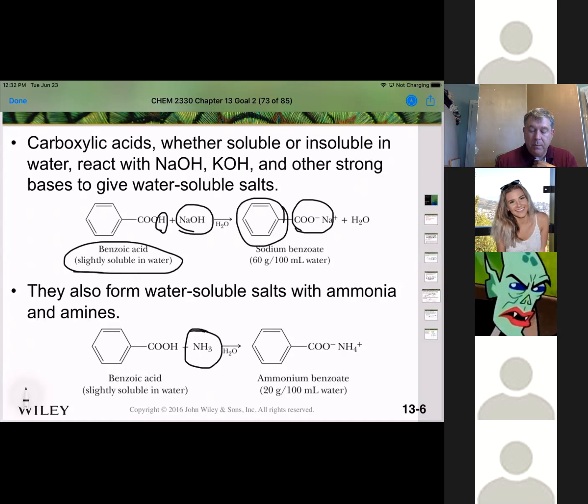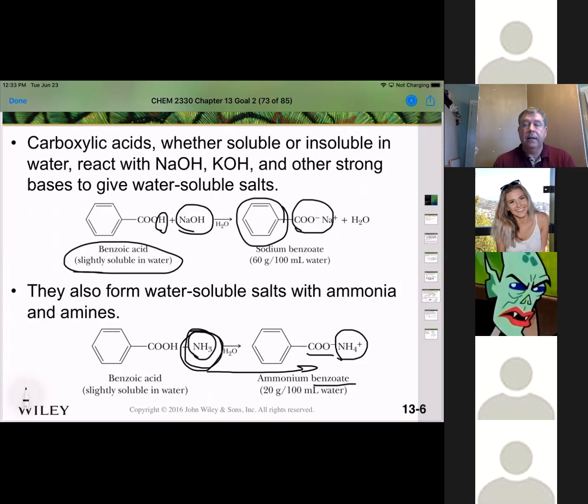A little bit of ammonia in water, this ammonia acts as our Lewis base and will deprotonate it, giving us our new Lewis acid and our counterbalancing carboxylic acid salt. When we have a carboxylic acid salt, we call it a carboxylate, or in this case, a benzoate.